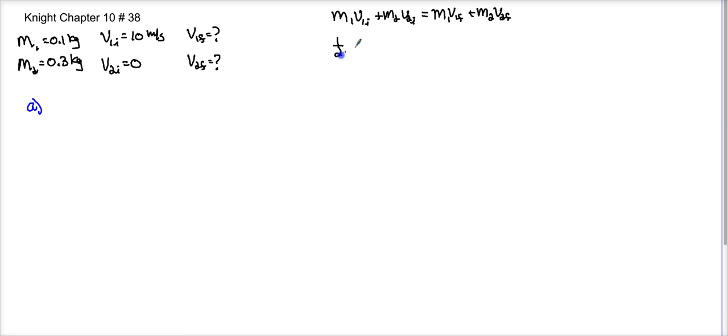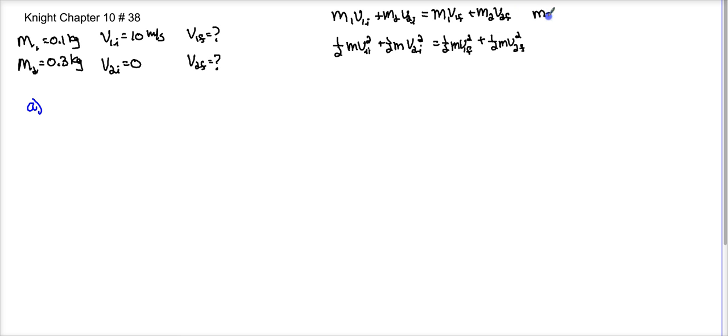and then you would have 1/2 m1 v1I squared plus 1/2 m2 v2I squared equals 1/2 m1 v1F squared plus 1/2 m2 v2F squared, right?